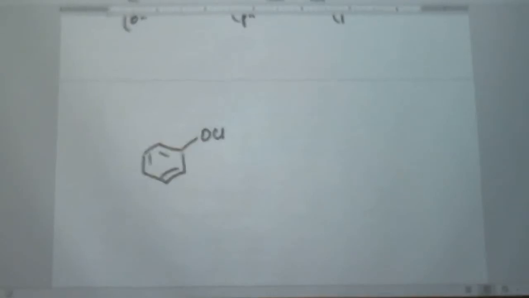Let's say this is anisole. I could look at this as an ether that has 2 substituents attached to the oxygen. Now as a substituent, a benzene ring, we call it a phenyl substituent.